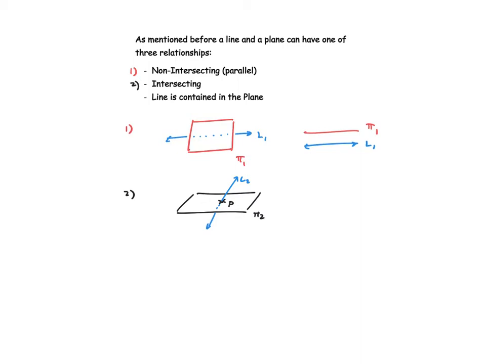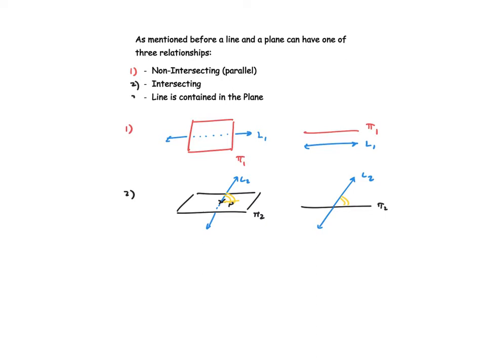There would be an example of a line intersecting a plane. Now the angle right here could be a right angle, could be acute, could be obtuse, depending on what we're looking for. So clearly, if I were to look at this from the profile view, here's pi 2, and of course, L2. We're going to look at how to find this acute angle between a line and a plane in a few slides here.